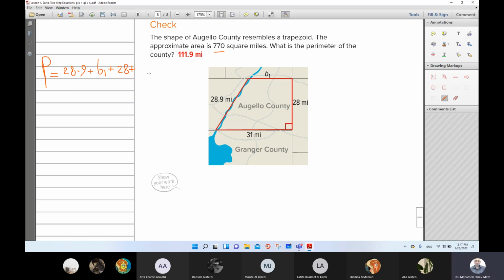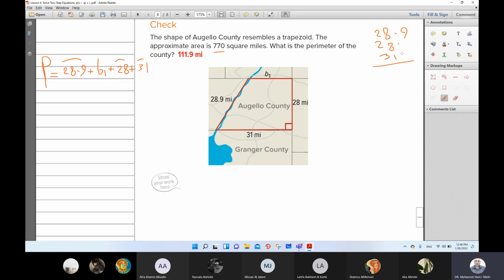Then the last side here we have 31. Add the like terms. Here we have constant, here constant, here constant. So we can add here. We have 28.9 plus 28 plus 31.